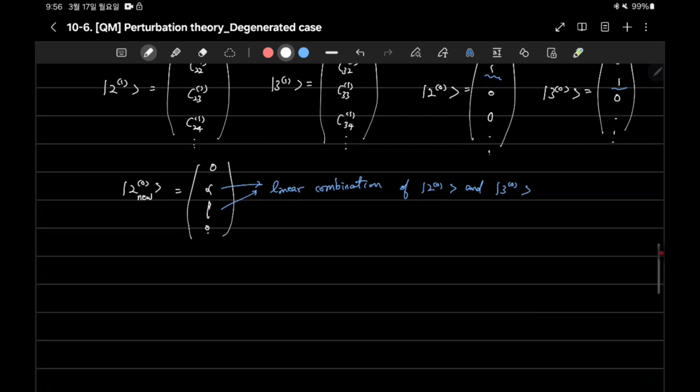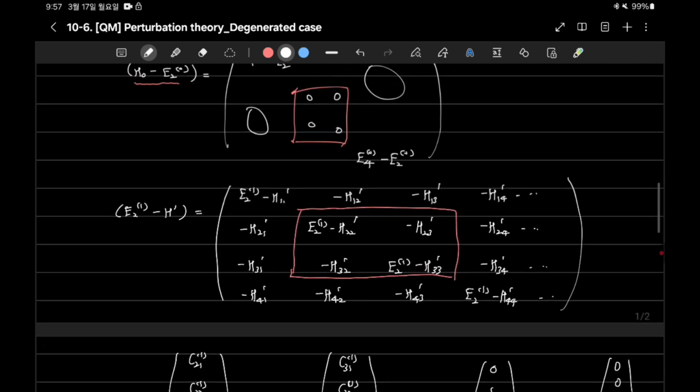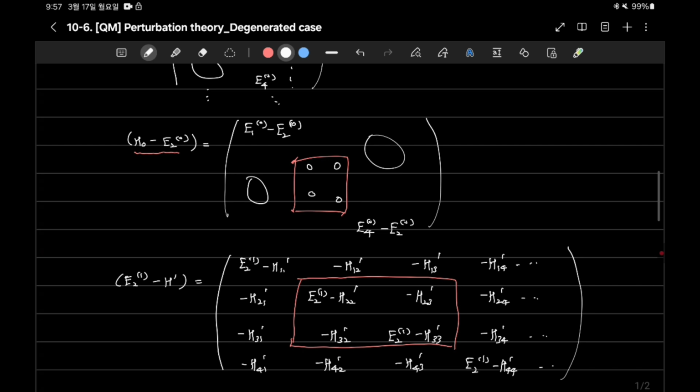So we should keep in mind that on the left-hand side the Hamiltonian equation is H0 minus En0, and the first order energy state is, basically in the matrix, like this.